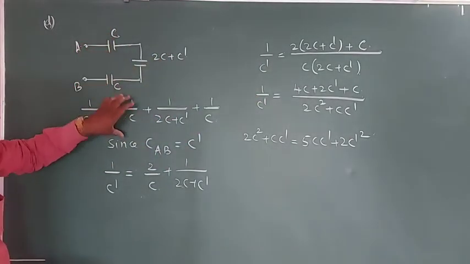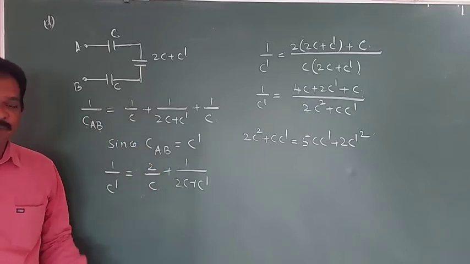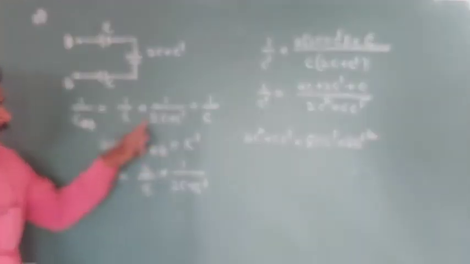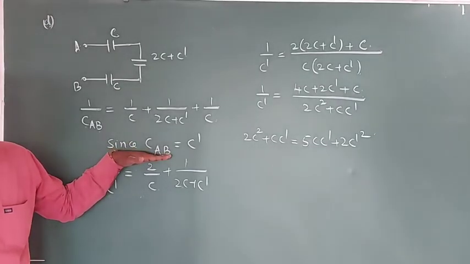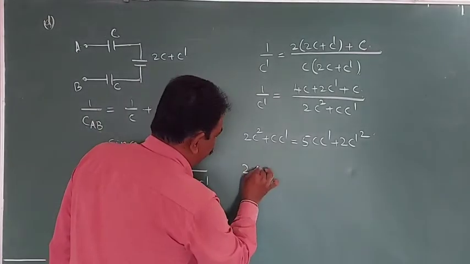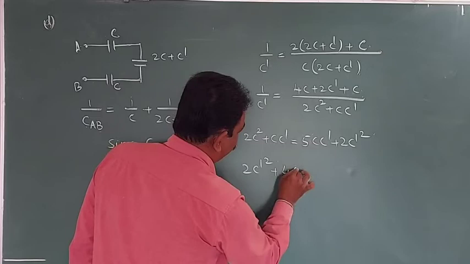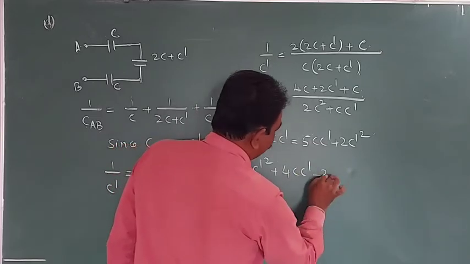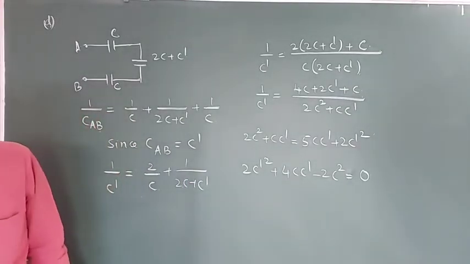Right from this, writing to here, then physics will end. Then mathematics will come. Understand? This is mathematical knowledge. This is the last step of physics. Then how much this will be? 2C dash square, bring that to that. So 4C dash minus 2C square is equal to 0.